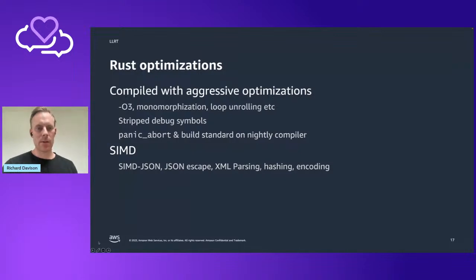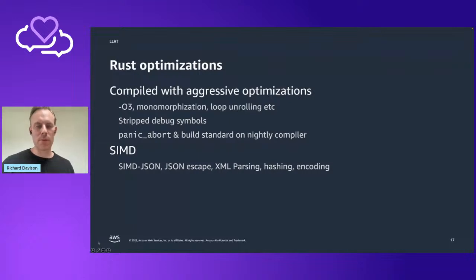And we're using a library called SIMD-JSON that performs these highly optimized multiple data operations to parse JSON. Similarly, we do that with JSON escaping to escape strings in JSON. We do that with XML parsing, with hashing, encoding, etc. It's really very performant.